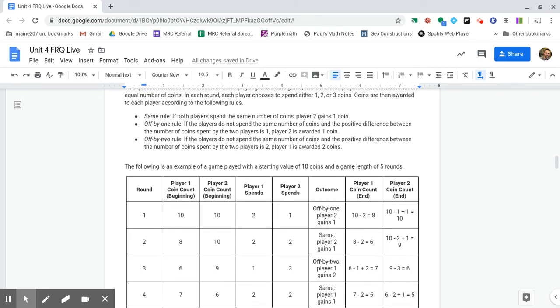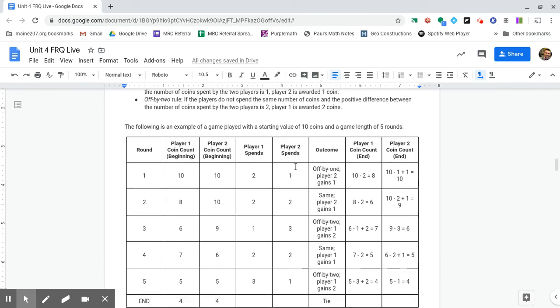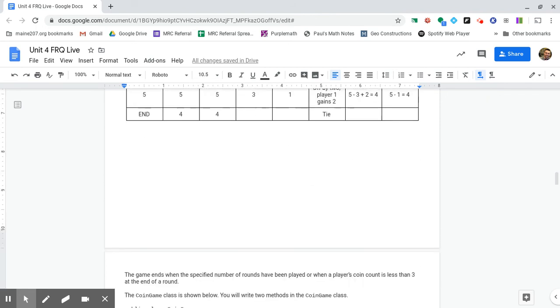We had already talked about how this game works, where you have a starting number of coins, and then based on the number of coins spent, it follows these rules for adding back coins to specific players. If you need a review of that, feel free, but I'm not planning on doing that right now.